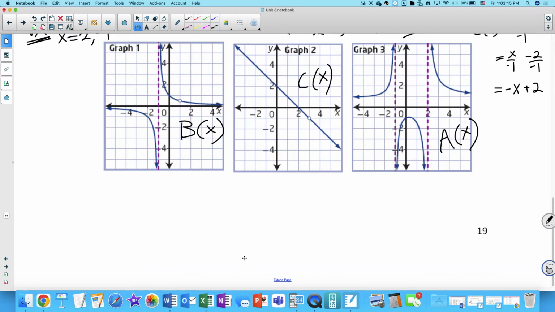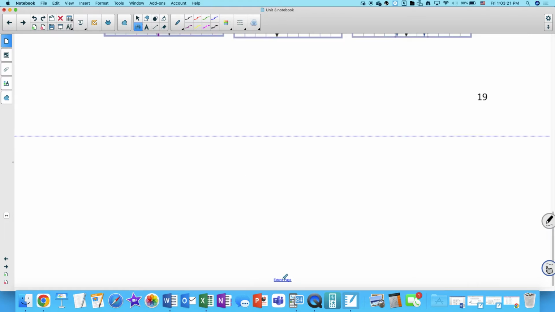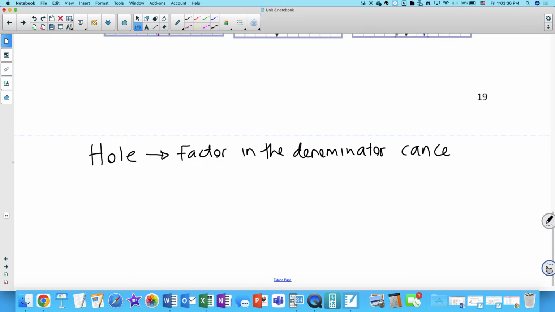So a hole is when a factor in the denominator cancels. And essentially what you would see is that when simplified, that factor just disappears. In the simplified version, you don't really see that non-permissible.